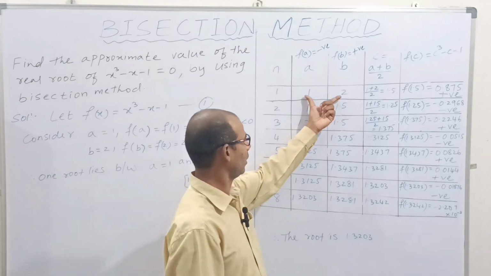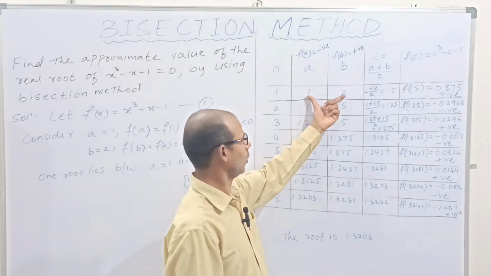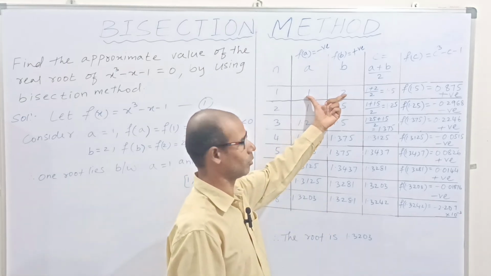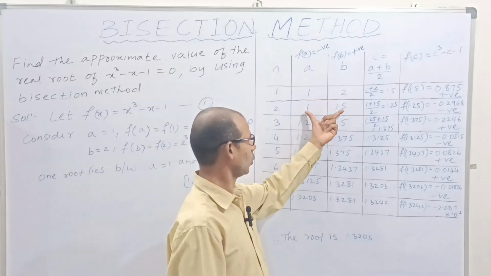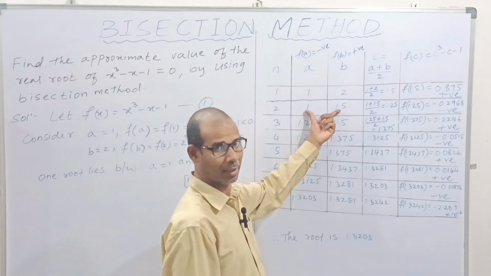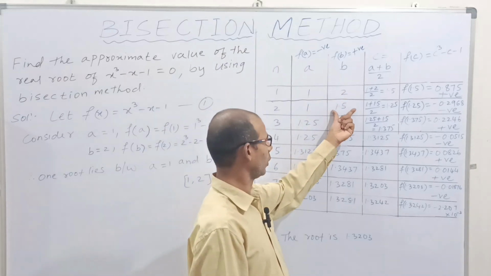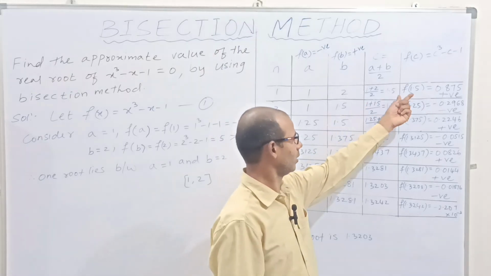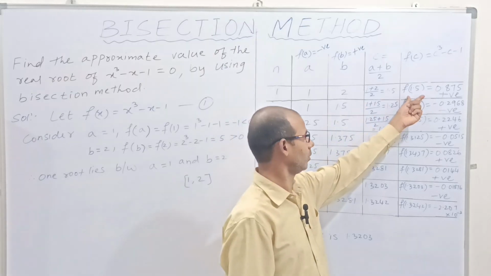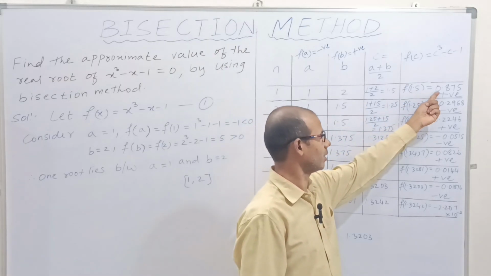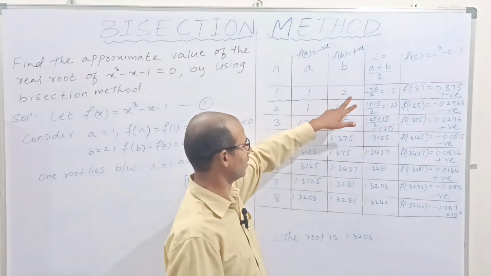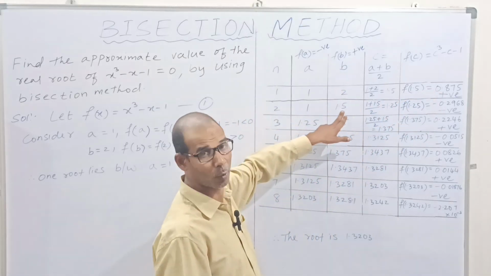So initially the root was lying between 1 and 2. So now the root is lying between 1 and 1.5. So how did we get this 1.5? Because the function value at 1.5 is positive. So therefore we will replace 2 with 1.5.